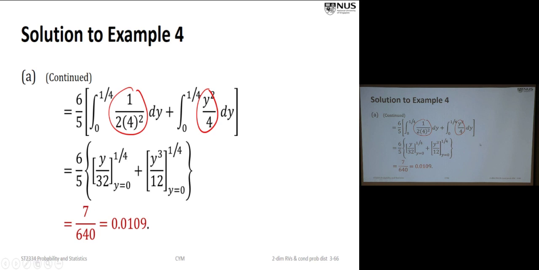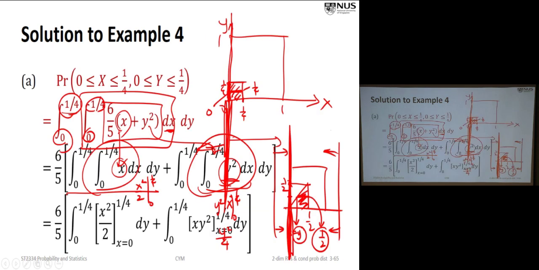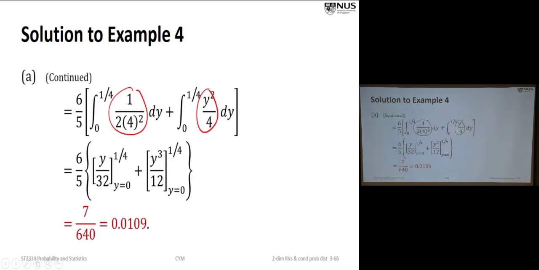So the chance that x is less than 1 quarter and y is less than 1 quarter is very small. It's about 1% only.